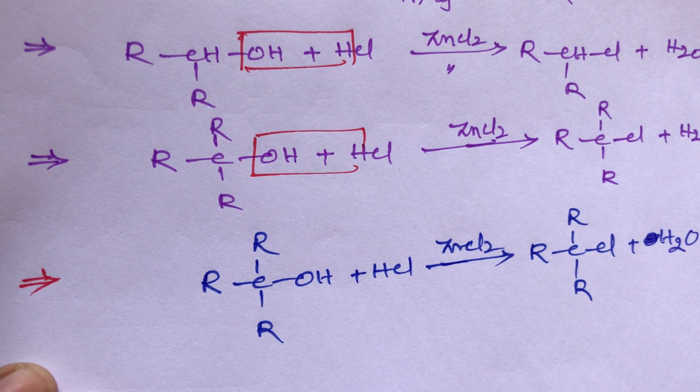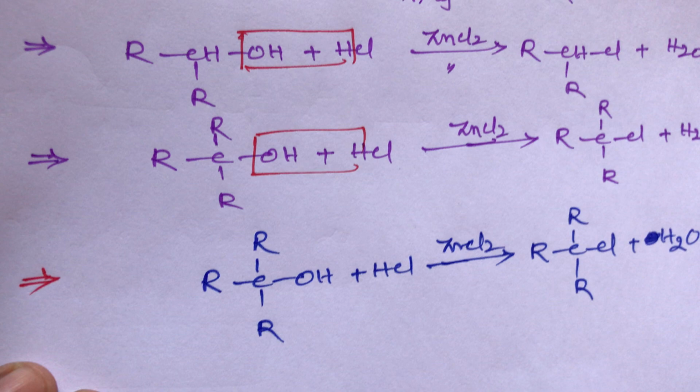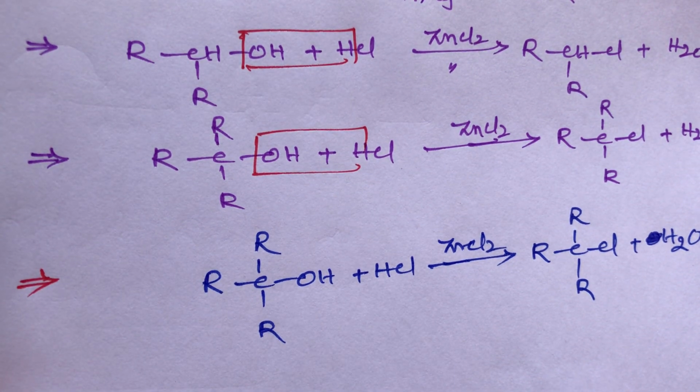So what is the reason? What is the difference between primary alkyl halide, secondary alkyl halide, and tertiary alkyl halide? Remember, in the Lucas test, tertiary alcohol reacts very fast.